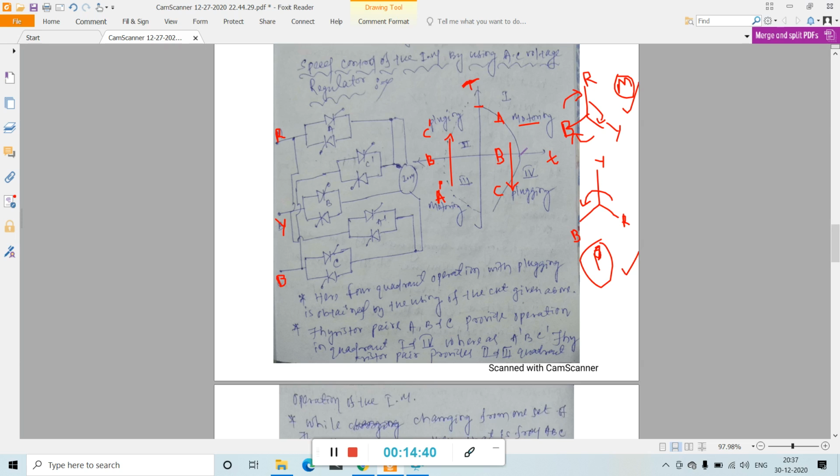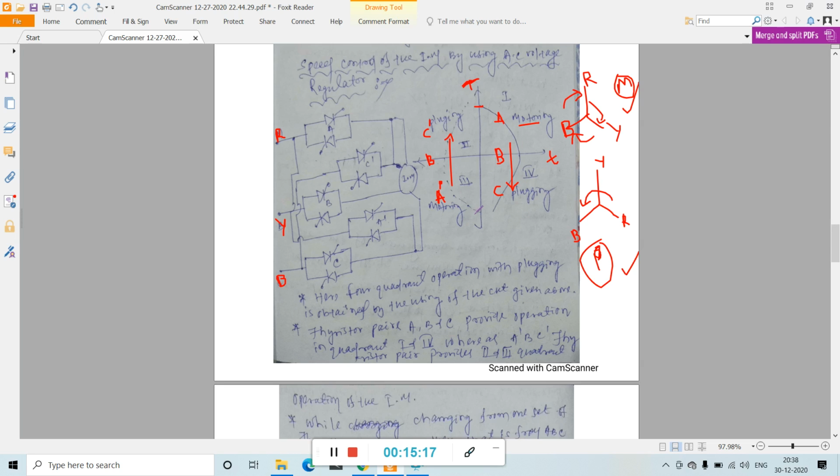At this point torque is 0, and after this, when terminals are changed, plugging mode is started. Here again torque is reduced gradually to 0, and then again torque is increased up to this point. So if your motor rotates in clockwise direction, then the motor reduces to zero speed, and then again gains speed in reverse direction. This is the plugging mode.